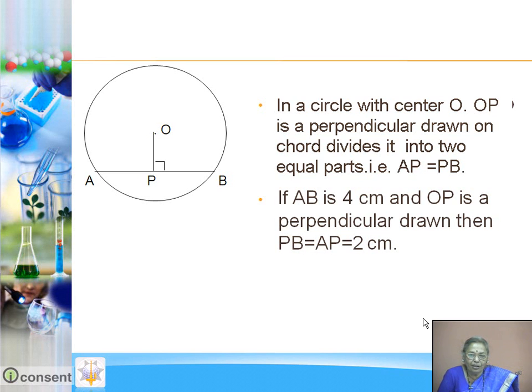You all know that the chord is bisected by the perpendicular drawn from the center of the circle. If the length of chord AB is 4, then AP will be equal to 2.